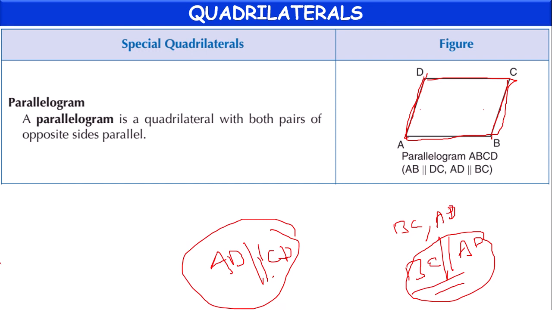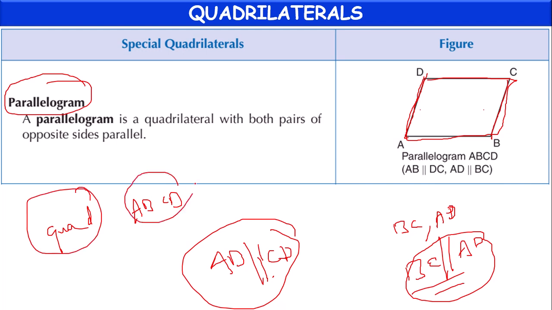ABCD quadrilateral, means quad ABCD, will be considered as a parallelogram. So a quadrilateral ABCD which is satisfying this condition, both pairs of opposite sides are parallel, is said to be a parallelogram.